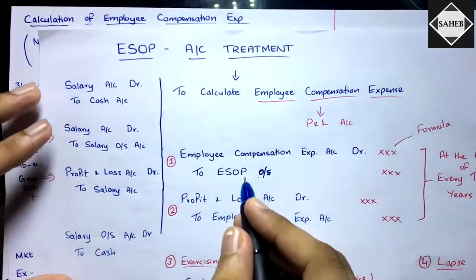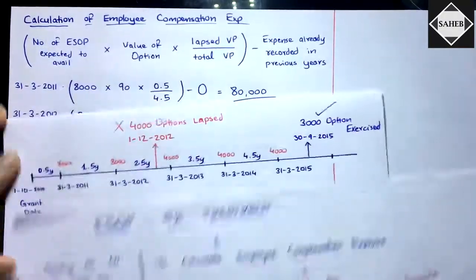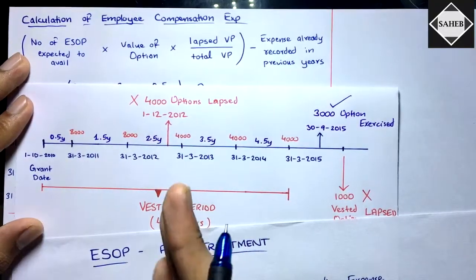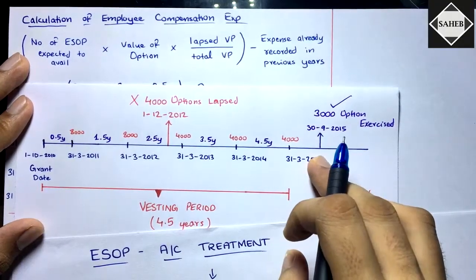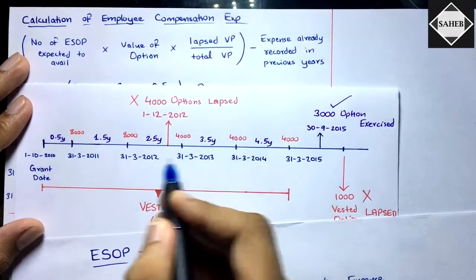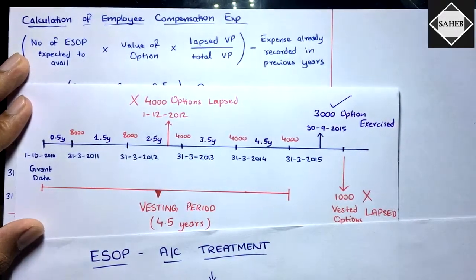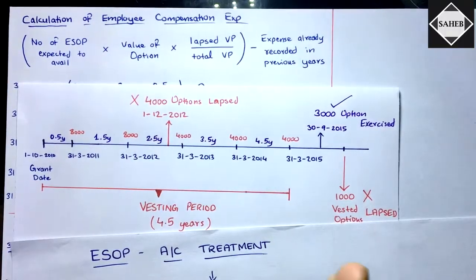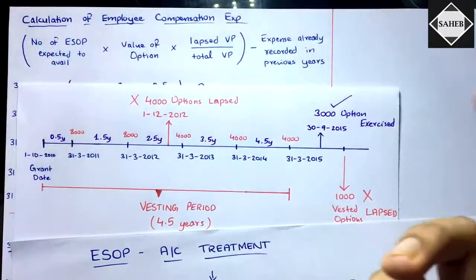Similarly here, are you giving anything to employees at the end of first year? No, you are not. They have to be eligible, then only will they be able to purchase the shares in future. So at the end of every year, you are not going to give them anything. Just recognize the employee compensation expense and transfer it to profit and loss.